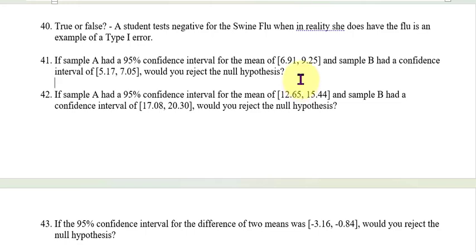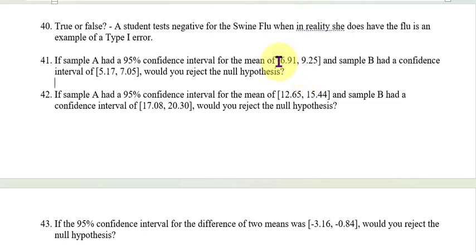So the rule of thumb is, if you create a confidence interval for one group of where the true mean is and compare it to the confidence interval of a second group, and if they have any overlapping numbers, then you cannot reject the null, because think about it. The null states that there's no difference between the mean of group A or group B, and what that means is they would both have the same number somewhere in the confidence interval.